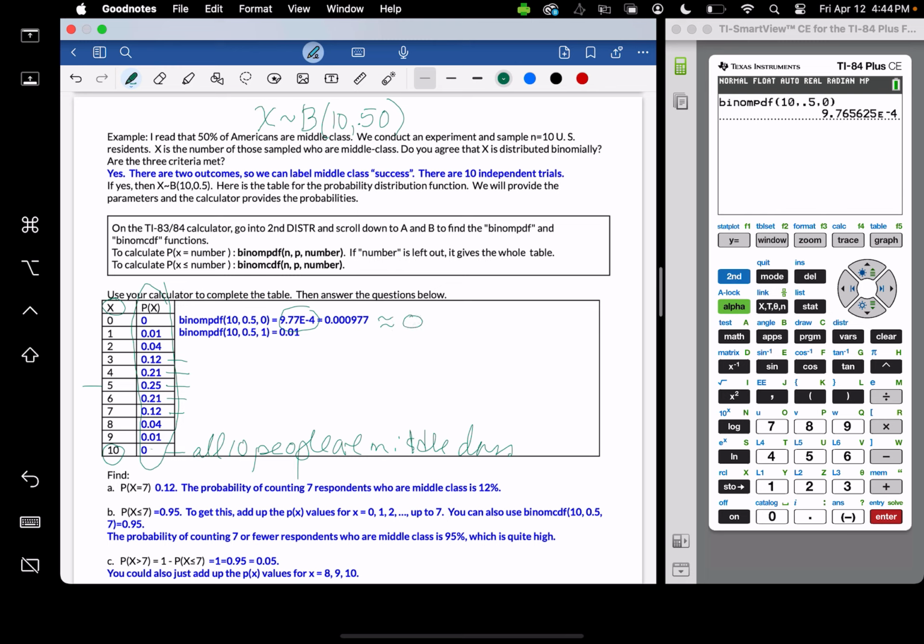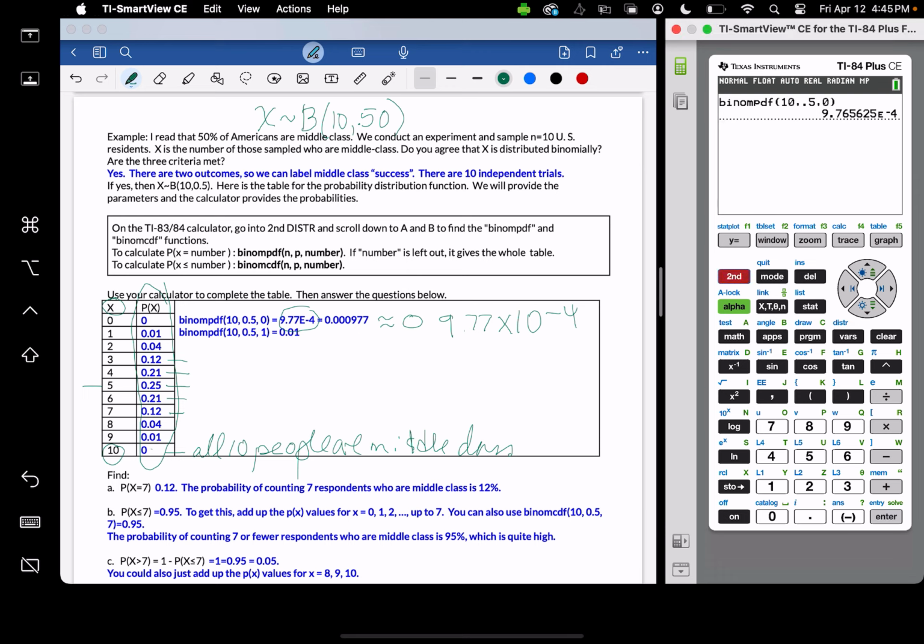People always choke when they see that. That's scientific notation. Another way you might see this is 9.77 times 10 to the negative 4. So that just means a super tiny number, basically 0, or very, very close to 0.